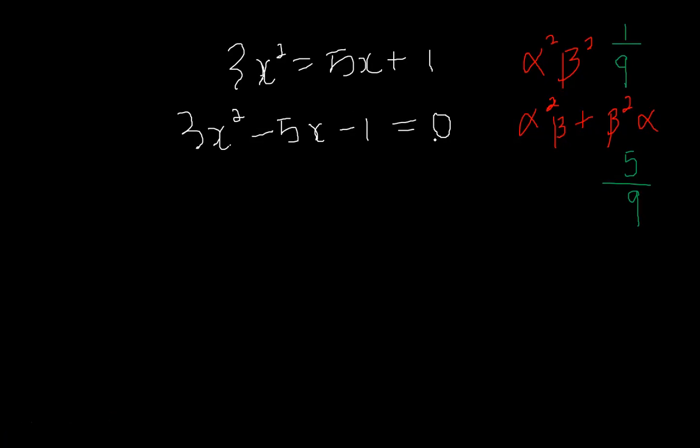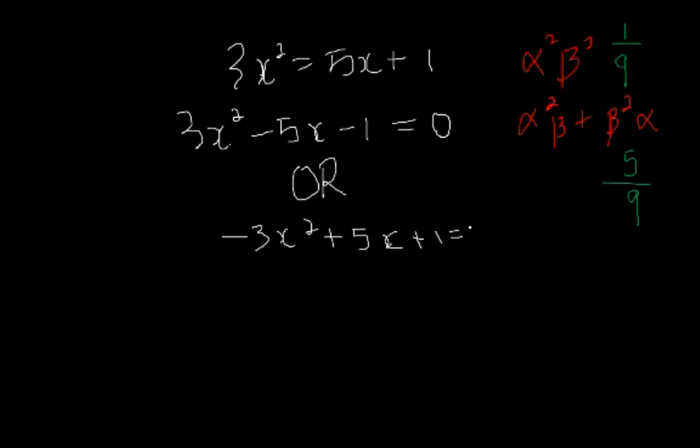All right, sorry about that. You didn't have to write that. If you prefer, it could have been 3x squared plus 5x plus 1 is equal to 0.